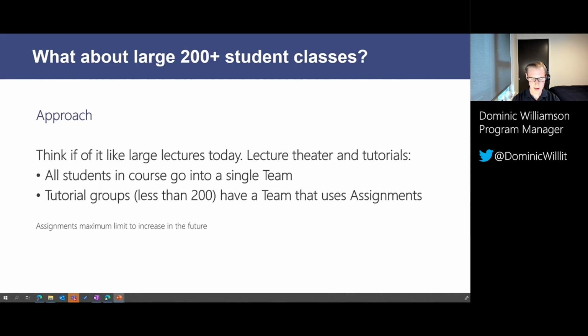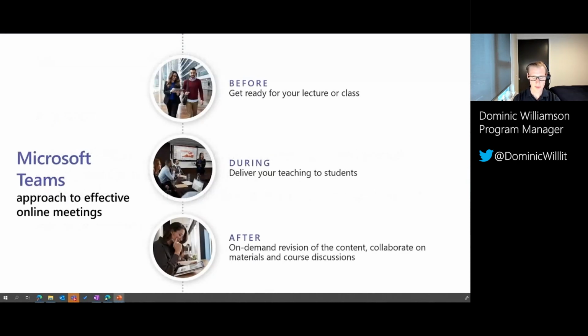So let's think a bit now about synchronous sessions with Microsoft Teams. When it comes to online meetings, this is where we really have three parts in the model for effective online meetings. And what this means is before, during, and after that online session. So we have the setup to get ready for your online class or lecture.